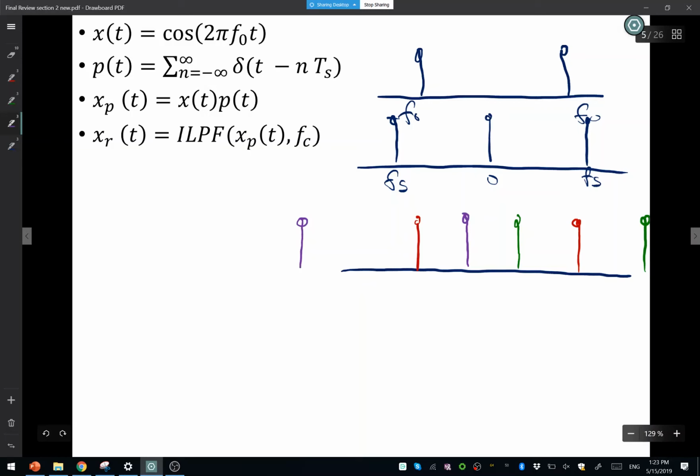And if we use a low-pass filter to cut the center, sorry, I need to label these frequencies. So this is f0, minus f0, and the purple one here, this is fs, and this is minus fs plus f0, and the green one is fs minus f0.